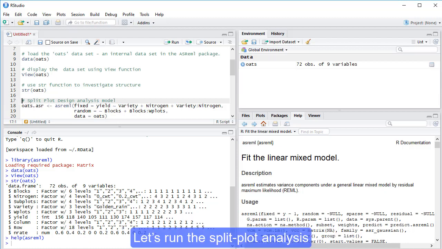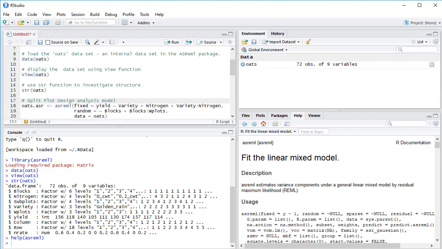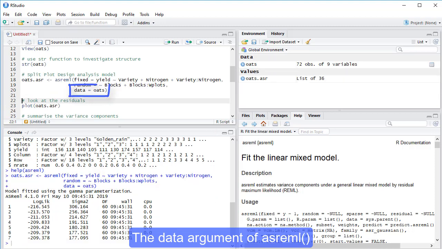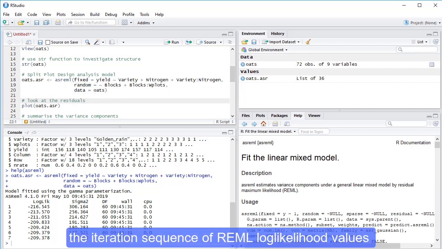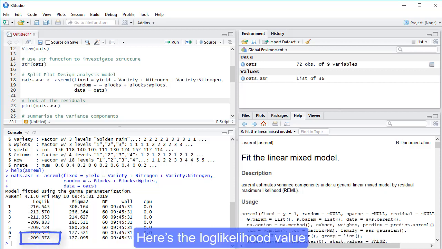Let's run the split plot analysis and save the results in an object called oats.asr. The data argument of ASReml identifies the data frame containing the variables. During model fitting, the iteration sequence of REML log likelihood values appears in the console. Here's the log likelihood value at completion of the ASReml call.